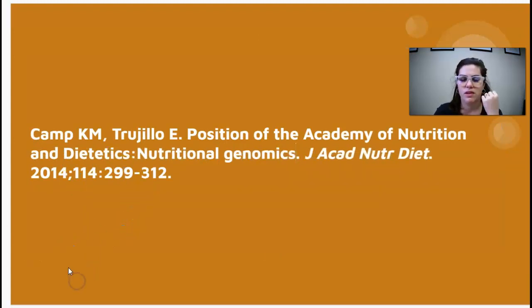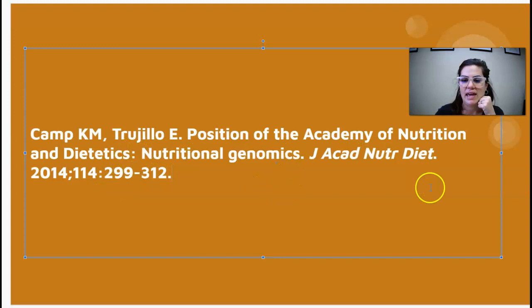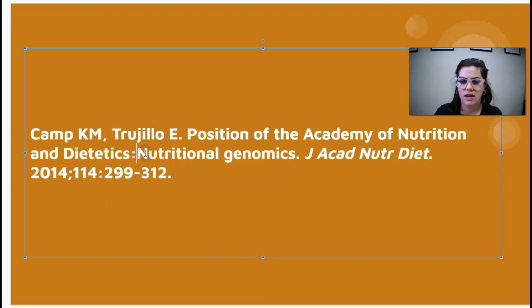Okay, so I mentioned that there is an exception to that rule of the journal articles only the first letter of the first word being capitalized. So obviously the Academy of Nutrition and Dietetics is a proper noun. It's a group of people. So we're going to capitalize that organization's name. And let's see, did I add a space there?